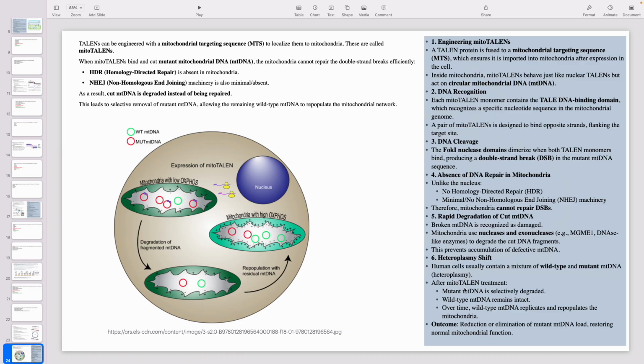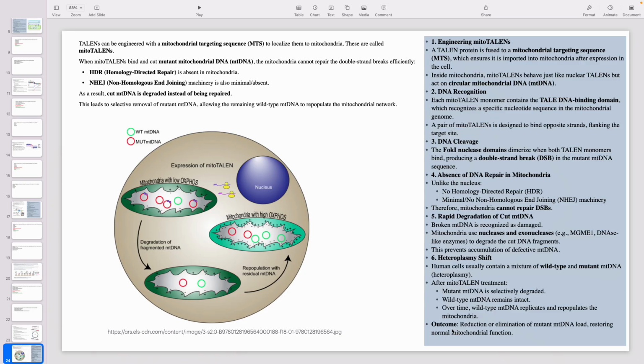After mitoTALEN treatment, the mutant mitochondrial DNA is selectively degraded, while the wild type mitochondrial DNA remains intact. Over time, we will have a large population of wild type mitochondrial DNA as compared to mutated mitochondrial DNA.